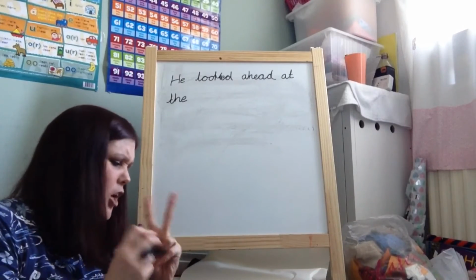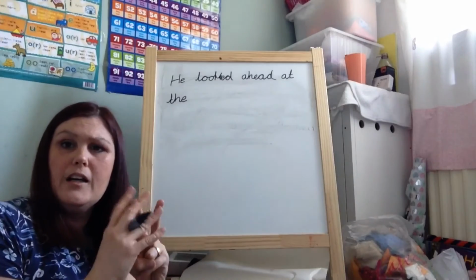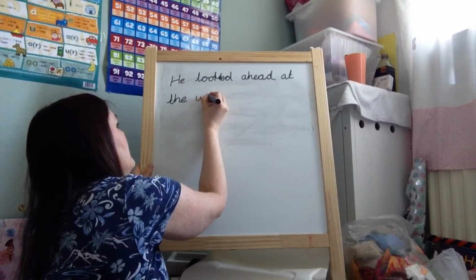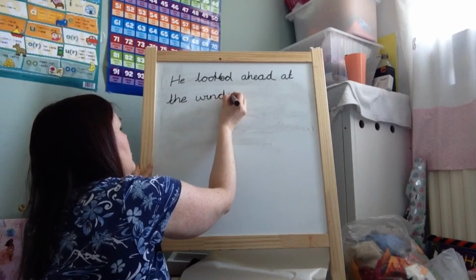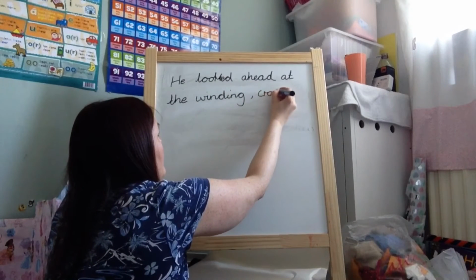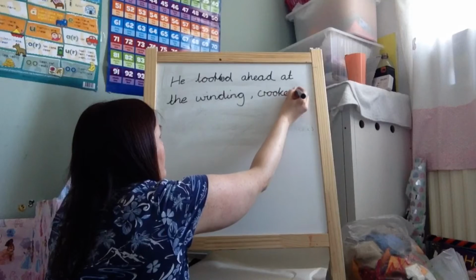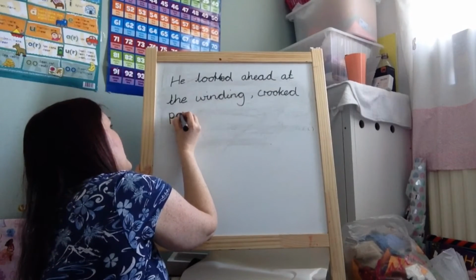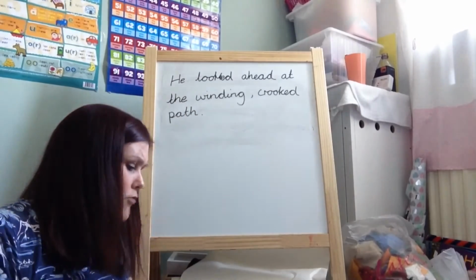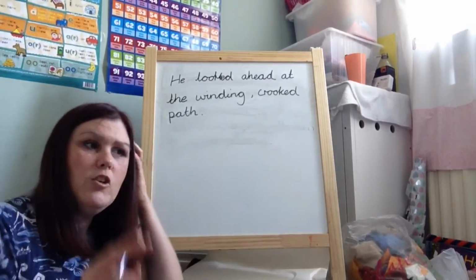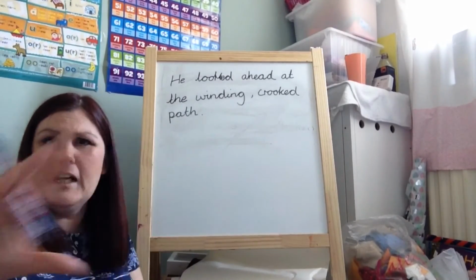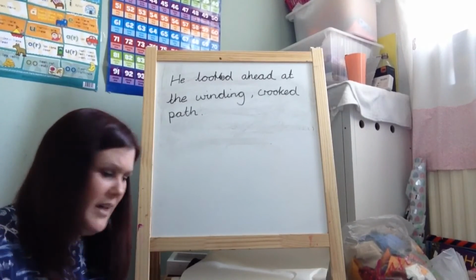I think snowy, we're going to talk about the snow in a minute. So I quite like winding and crooked. So he looked ahead at the winding, crooked path. All I've done there simply is add 2 adjectives before it. I wouldn't really add many more than 2. You could change them a little bit, you could put them near the beginning or at the end, but not too many. We don't want a big long list of adjectives. Just choose the best ones that you have.